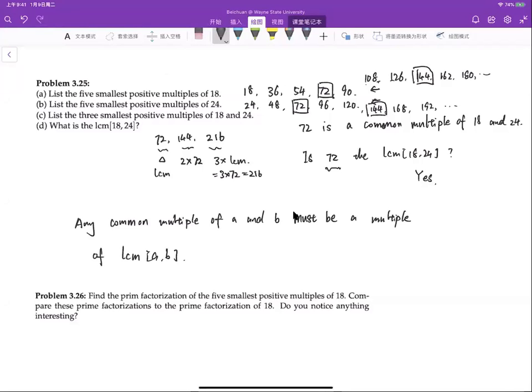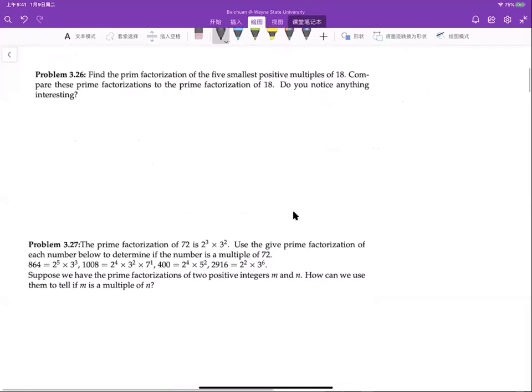Right? So just like what you have seen, all of 72, 144, and 216 are multiples of 72. Okay. All right, so let's look at the next one.